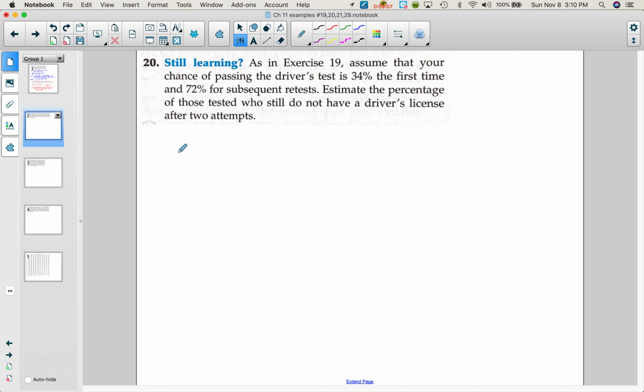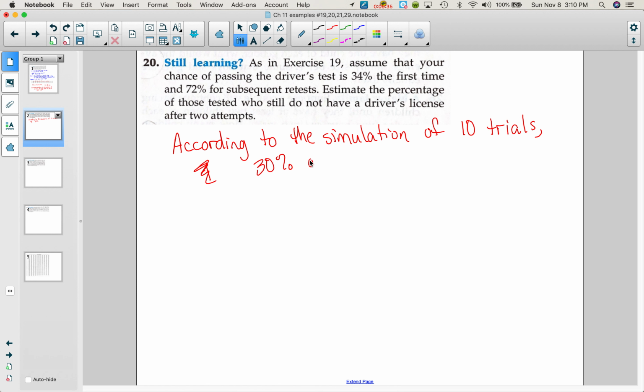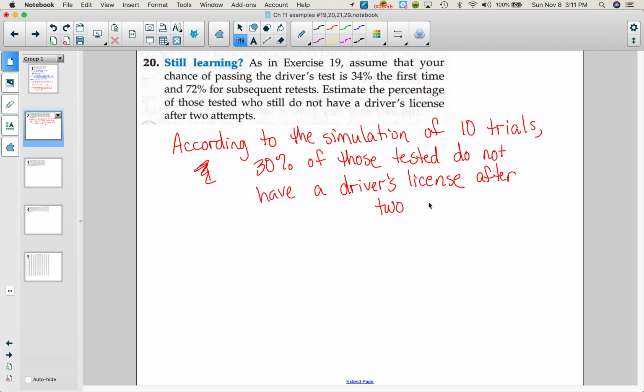So I can just use my previous data and say, according to my simulation of 10 trials, let's say 30% of those tested do not have a driver's license after 2 attempts.